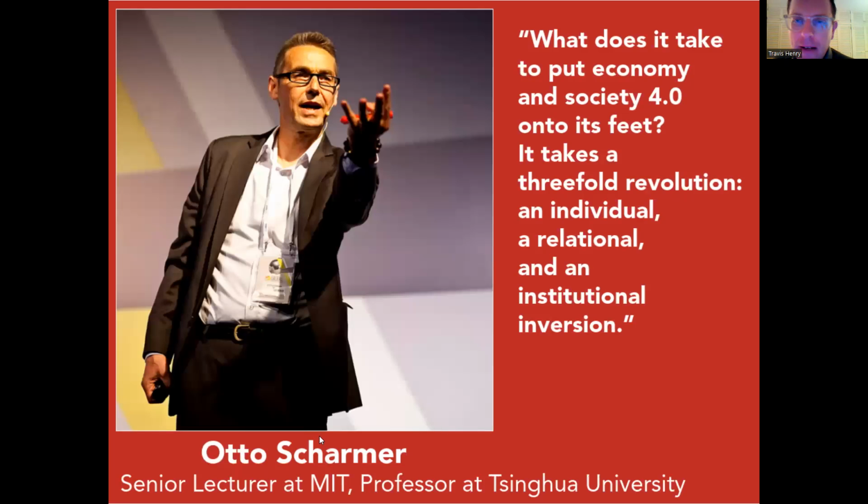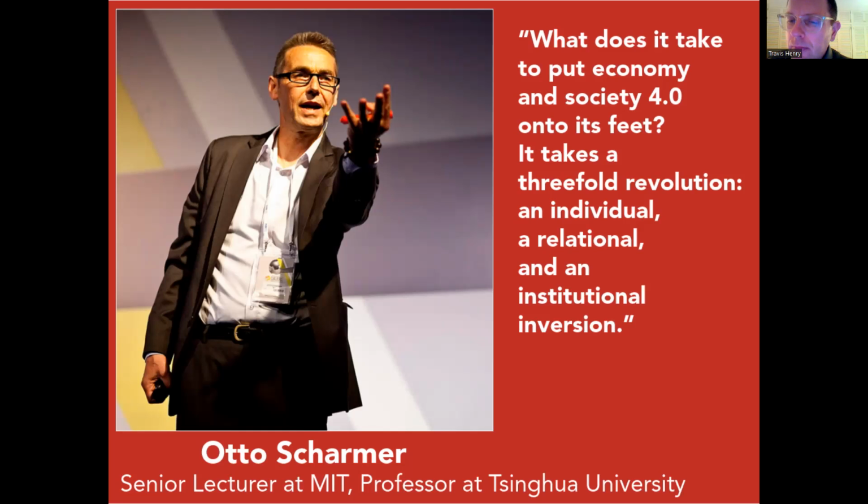Here's one man who has advocated for this new kind of capitalism 4.0, which we call unitism. It's the economic aspect of the threefold Commonwealth. Otto Scharmer is a senior lecturer at MIT, professor at Tsinghua University in China as well, and he is the advocate for Theory U, a path of organizational development and personal development.